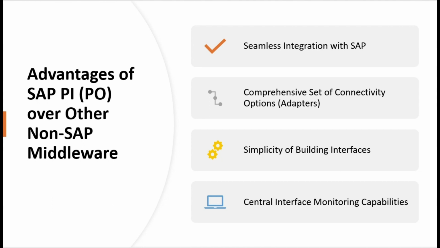Comprehensive set of connectivity options, adapters. SAP PI provides a comprehensive set of adapters to connect heterogeneous systems across our landscape. For example, RFC, Hypertext Protocol, HTTP, Java, JDBC, SFTP, IDocs, JMS, that is Java Messaging Service, and SOAP calls.